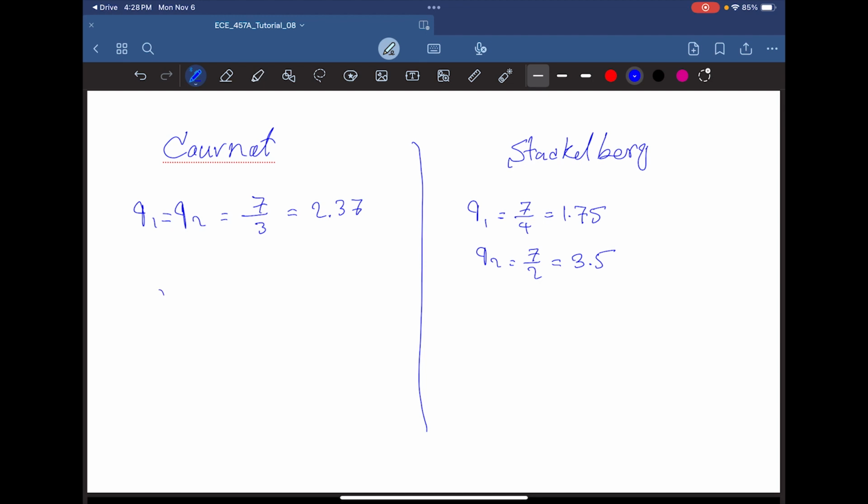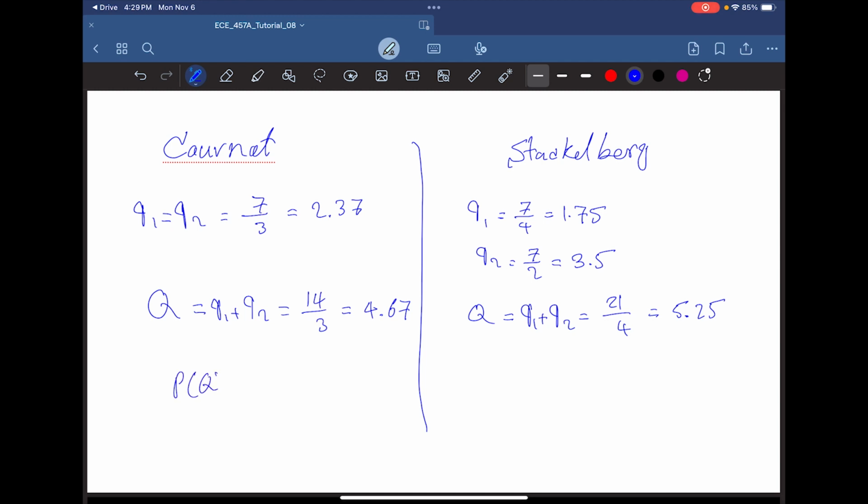Now the total, Q1 plus Q2, was 14/3, approximately 4.67. And for the other method, Q1 plus Q2 equals 21/4, which is 5.25.